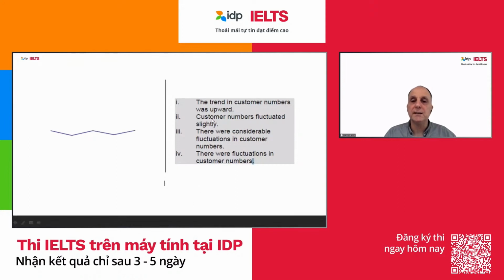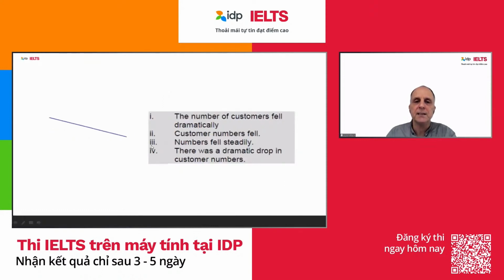So number 2 is the best one. Customer numbers fluctuated slightly or slightly fluctuated. We can also talk about fluctuation in numbers. Number 4 is okay. Yeah, that's fine. But once again, 2 is better for that one. Very quickly to the next one.